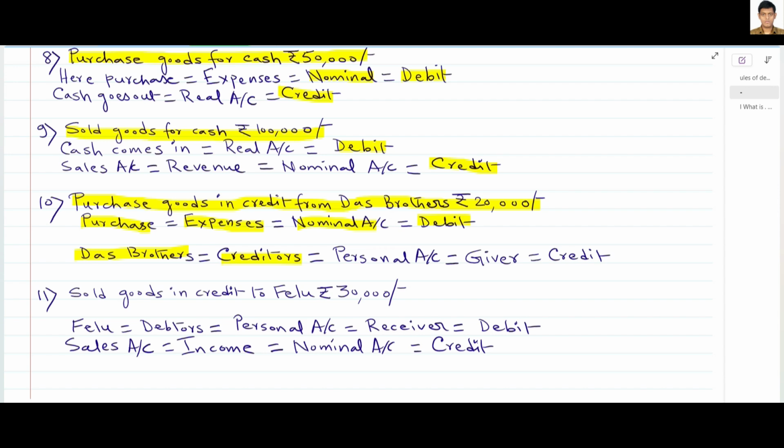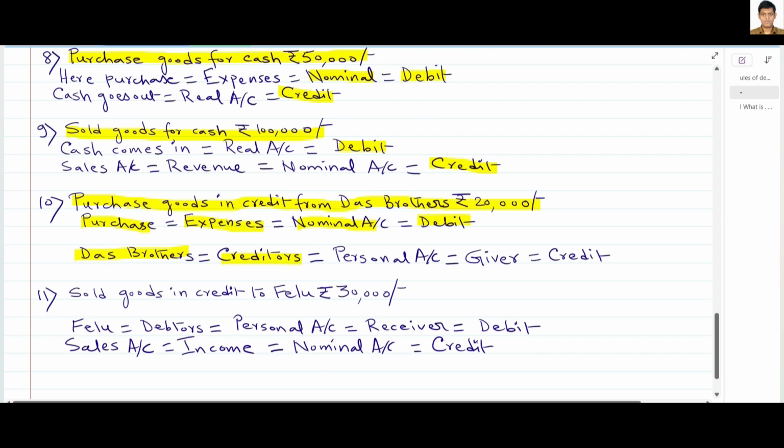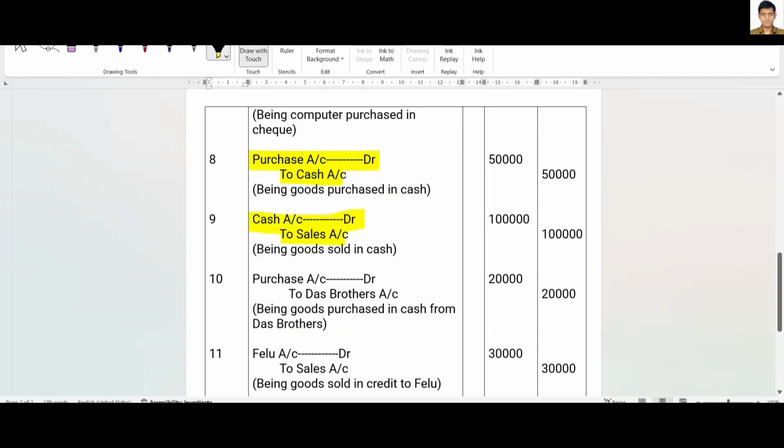Creditors means personal accounts, and as per the rules of debit and credit under the traditional approach, in case of a personal account, debit the receiver and credit the giver. Here Das Brothers is the giver, he is giving us goods on credit, so Das Brothers will be credit, and the journal entry will be purchase account debit to Das Brothers. The narration will be being goods purchased on credit from Das Brothers.